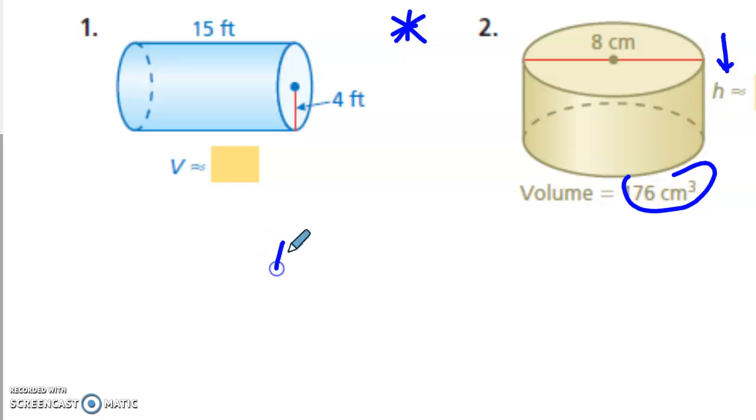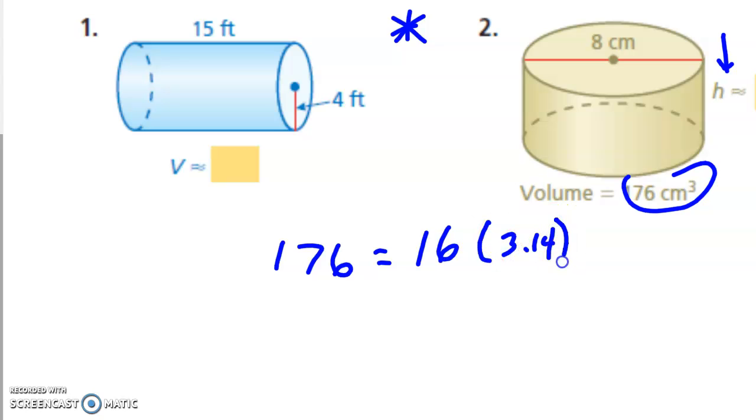What we're looking at is 176 equals the area of the base. For the area of the base, if the diameter was 8, that means the radius was 4. 4 squared is 16. And then we have that multiplied by 3.14 multiplied by the height. So I don't know what the height is.